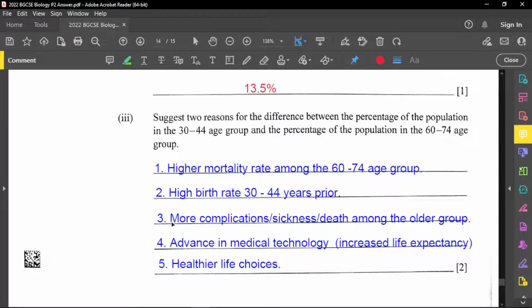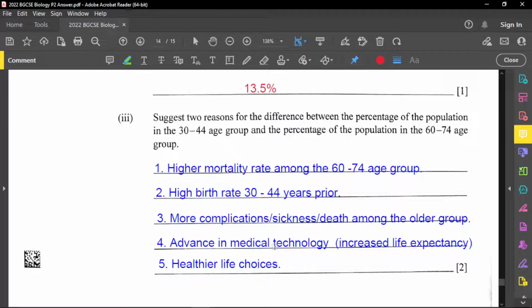Among the older age group, the 60 to 74, you could have more complications, sickness, and death. You can also have advances in medical technologies, which increase life expectancies, which means in a younger group you'd have a higher population because, of course, you can treat sickness and those things.